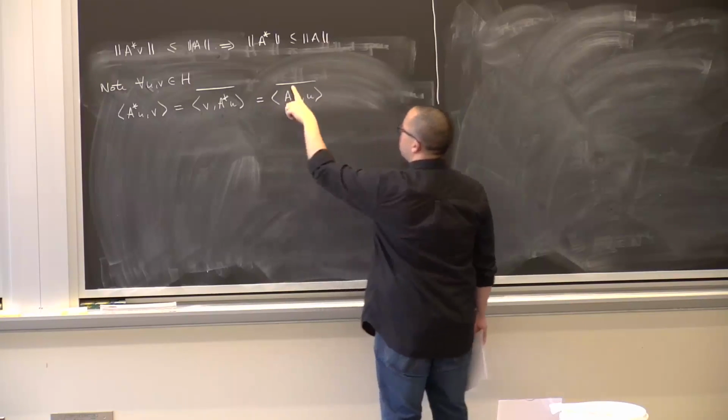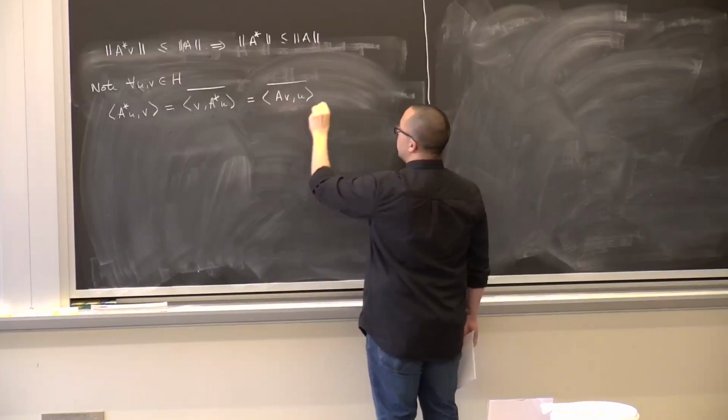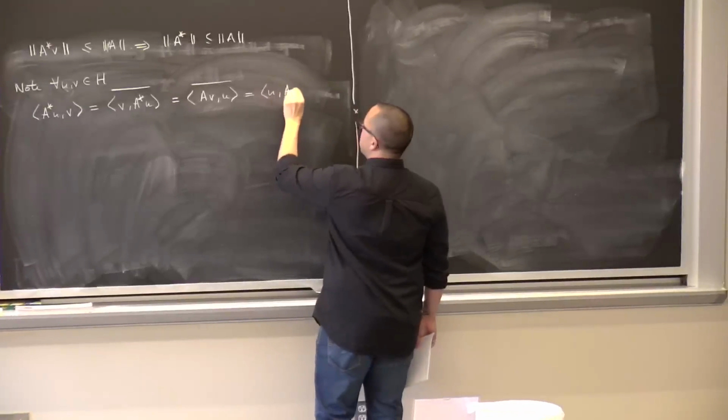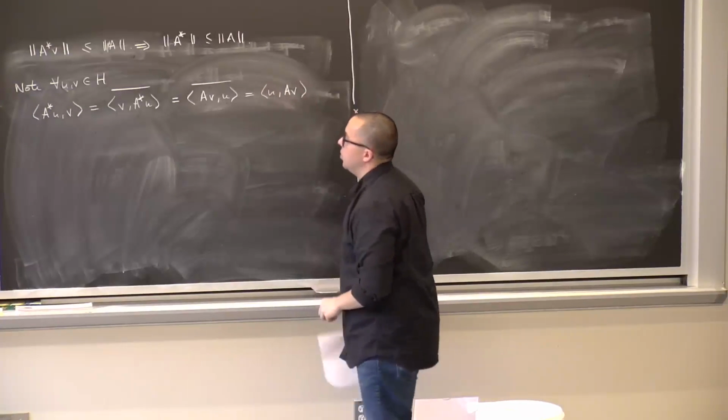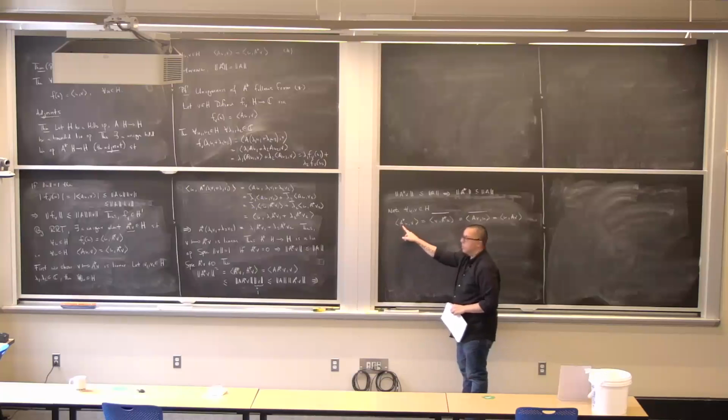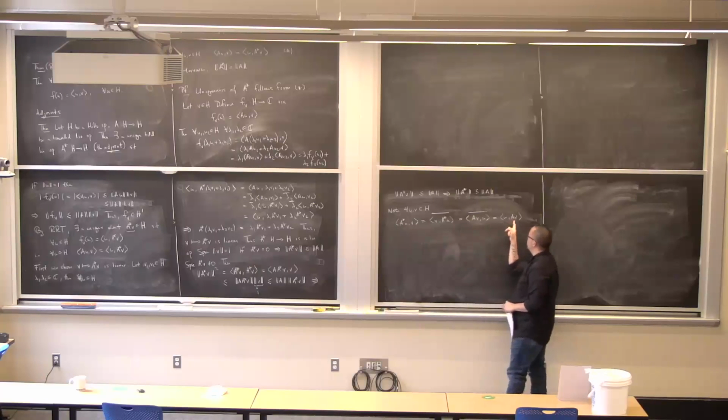And again, applying the complex conjugate switches the order of the entries, so this is equal to (u, Av). So what have we shown? We've shown that the adjoint of the adjoint is equal to A.